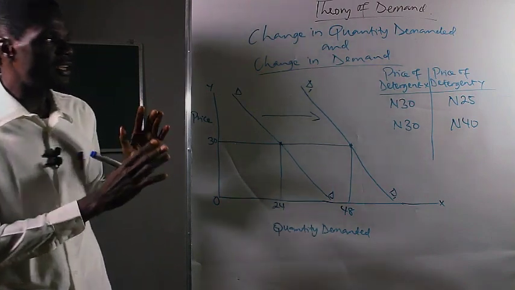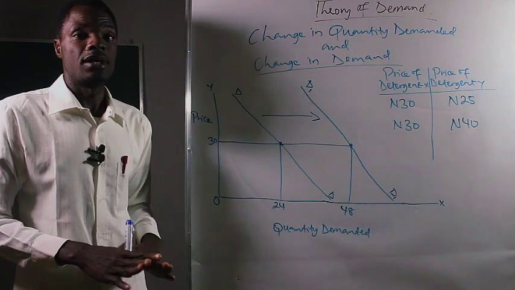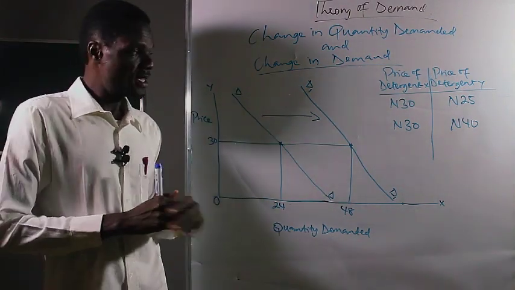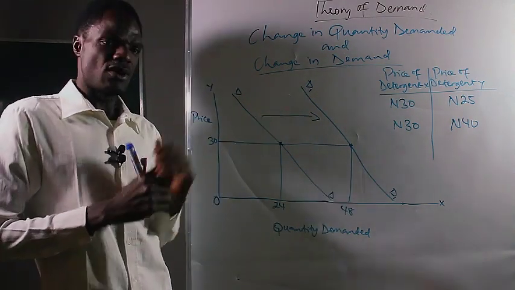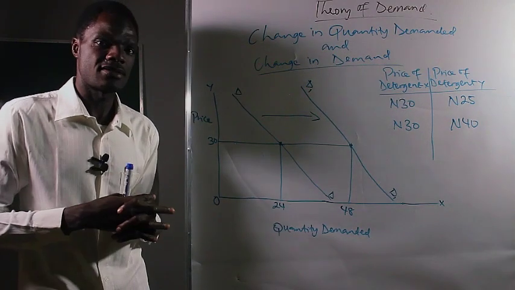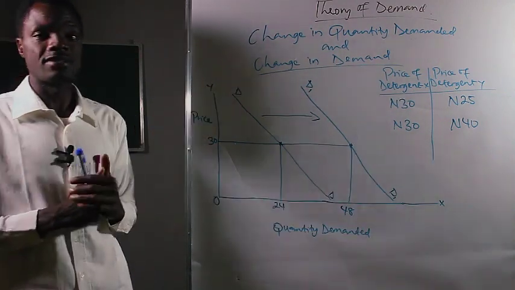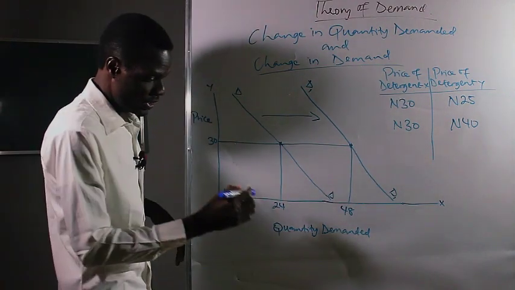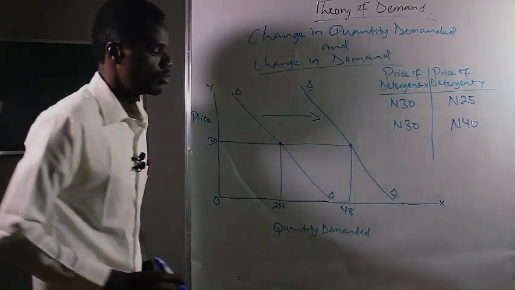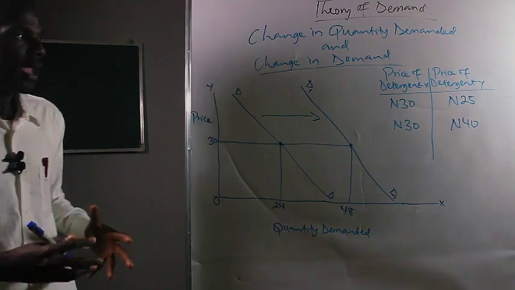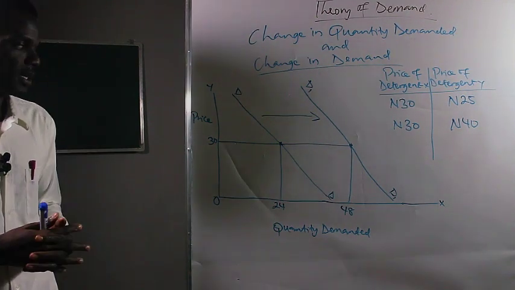So those that are buying detergent Y continue to buy it. But suddenly there is an increase in the price from 25 to 40. And then those that are buying detergent Y now decide to buy detergent X. Why? Because the price has increased. So that is why the quantity demanded for detergent X has increased from 24 to 48. Why? Because there is increase in the price of detergent Y.